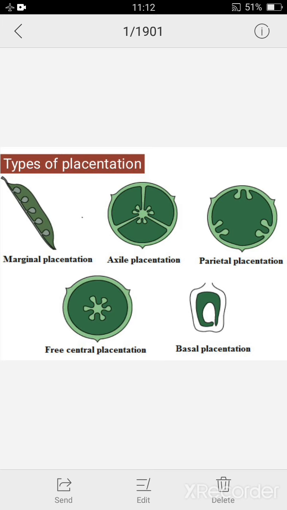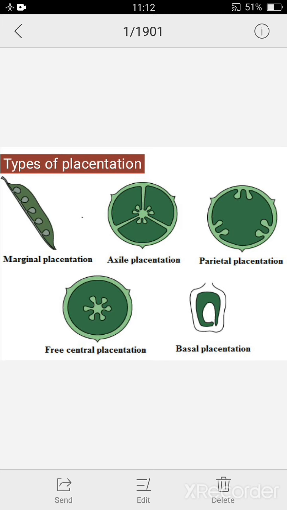But when more than one carpel is present, then what may happen? They may be free, or they may be presented as one single unit. If they are free, when they are more in number, like in lotus flower and rose flower, then the phenomenon is called apocarpous.